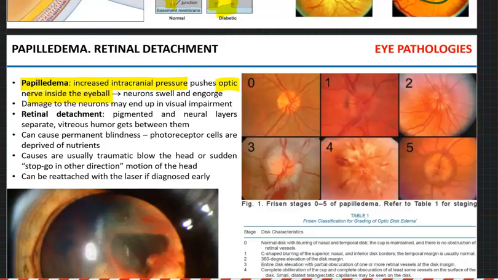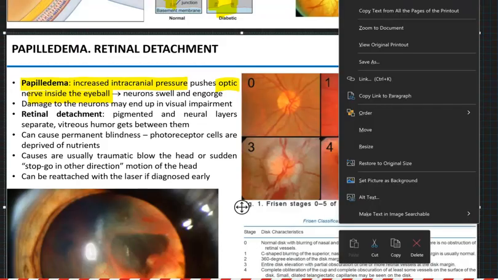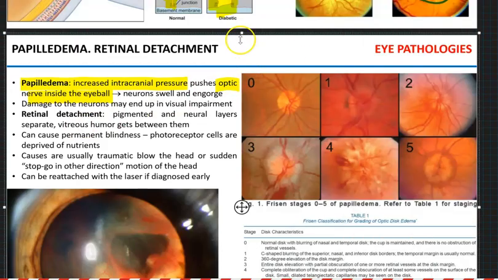And that results in the swelling of your retina. You don't feel it hurting, essentially, because if it's hurting, things are getting really bad.